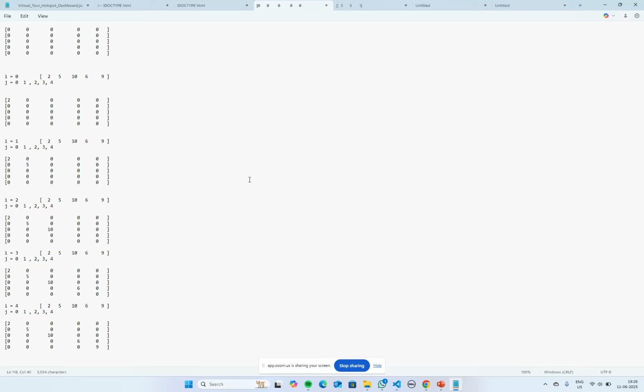Is that fine? I'll mention in the group what you have to do in your assignment. I'll give you some matrices and ask you to multiply. Do it in your notebook and share a photo of the outputs.